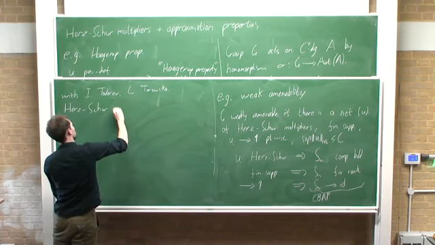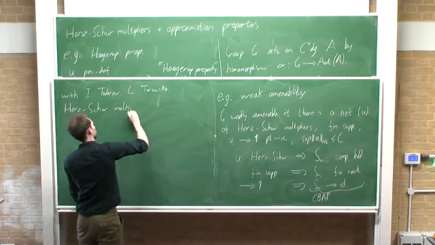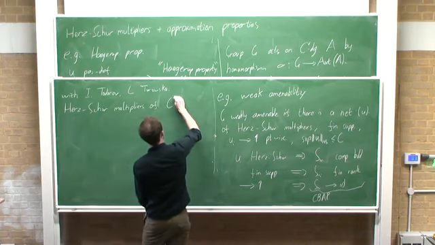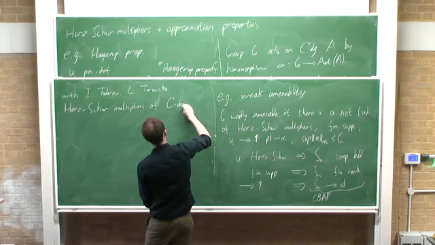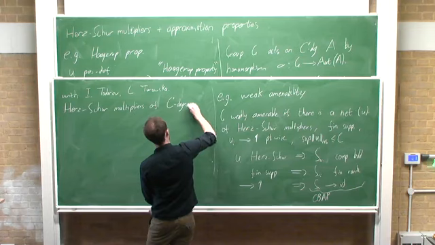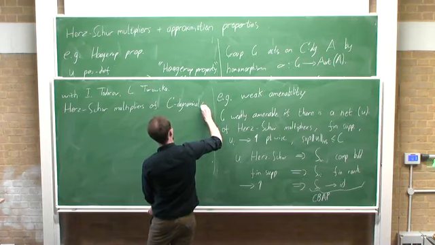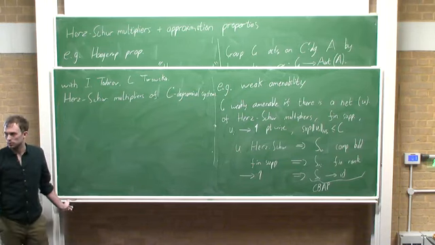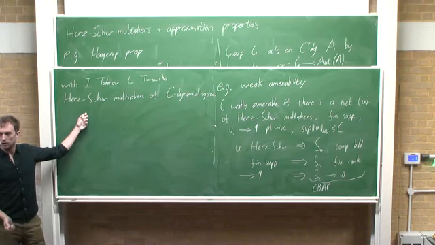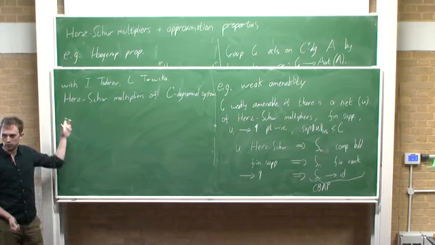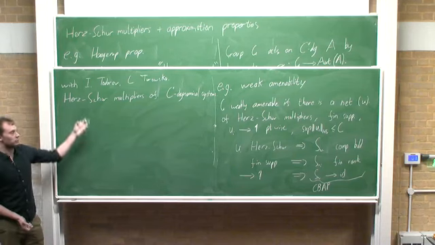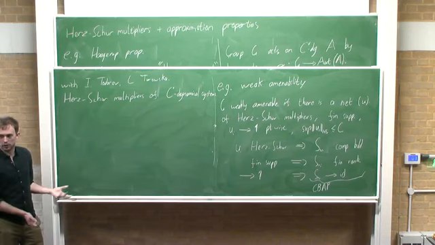We've developed Herz-Schur multipliers of C-star dynamical systems. So here is where I'm going to take advantage of the fact that we can define Herz-Schur multipliers at the C-star algebra level, because it's much more difficult to find some analog of the Fourier algebra that I had before.